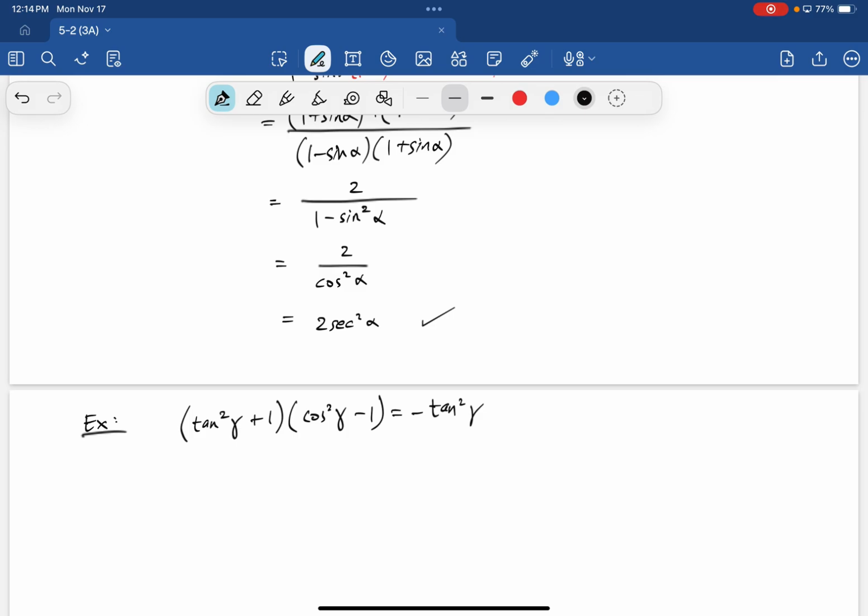Okay, which side is the more complicated one? Left side. What are the identities you can use to simplify the left side? Cosine squared minus 1 equals sine squared, right? Wrong.